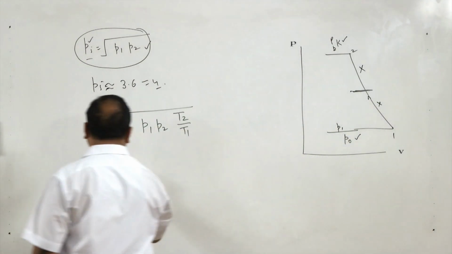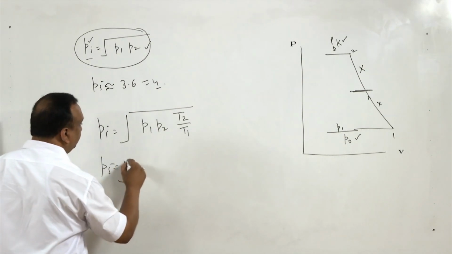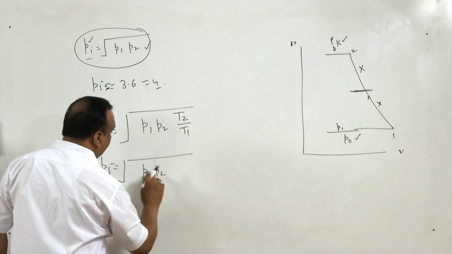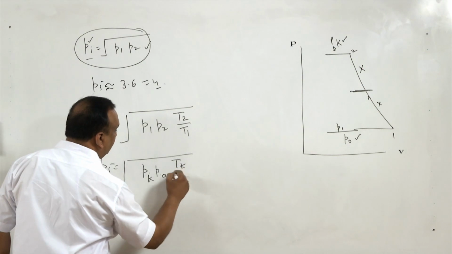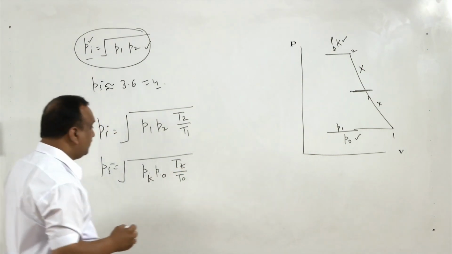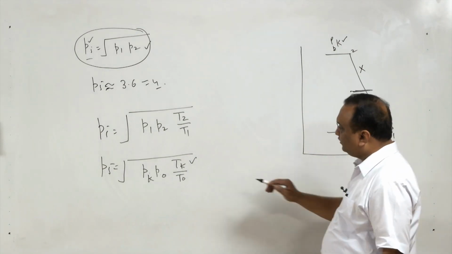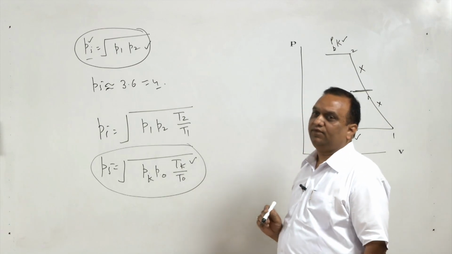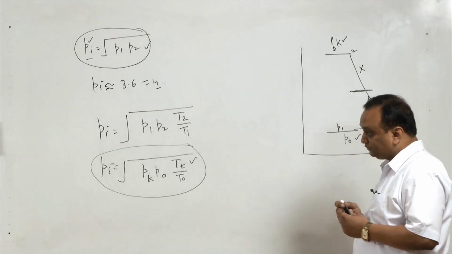In that case, the intermediate pressure is going to be equal to the square root of PK PO times TK by TO, and these temperatures are absolute temperatures. Now, this intermediate pressure is close to the real value of intermediate pressure in multi-compression systems.